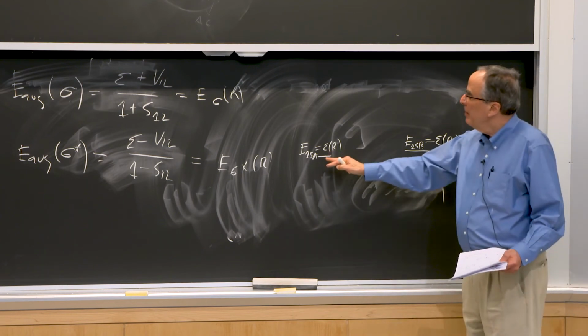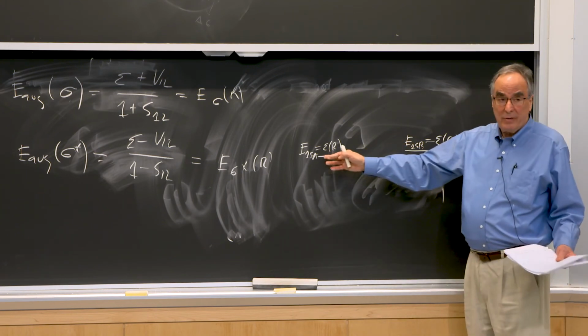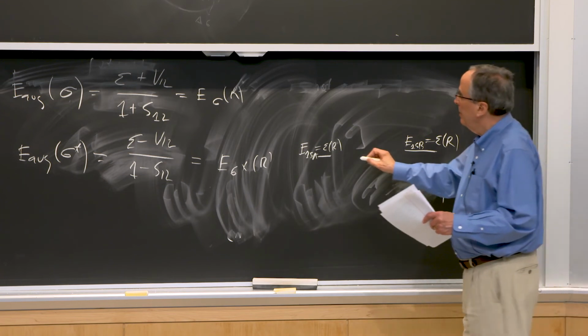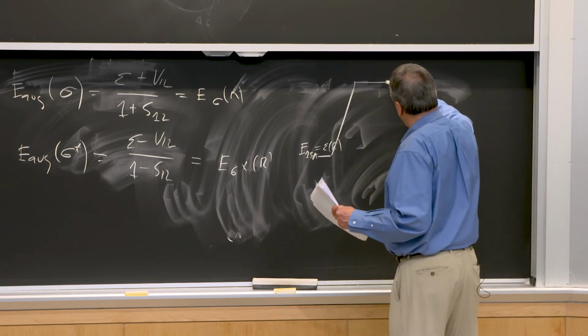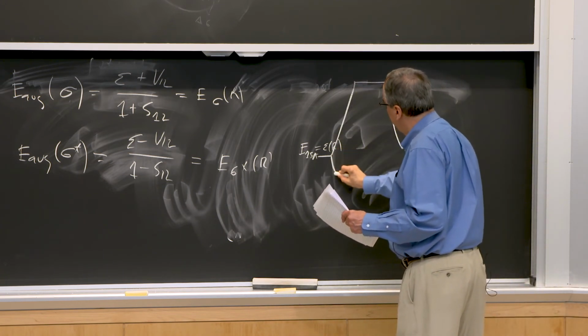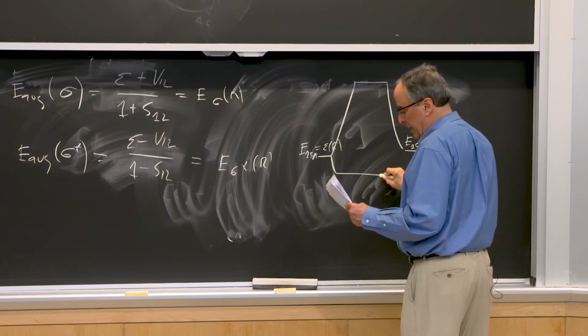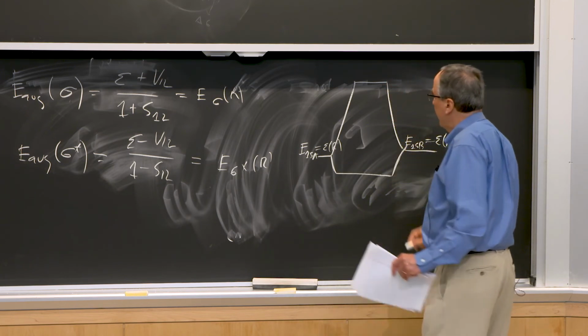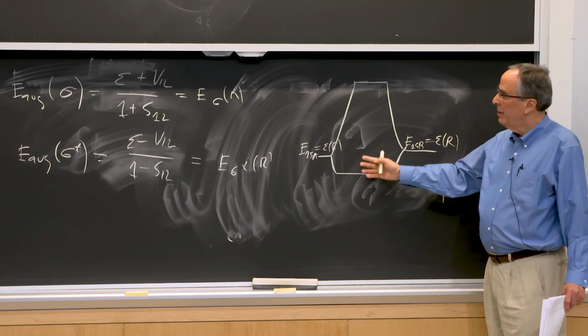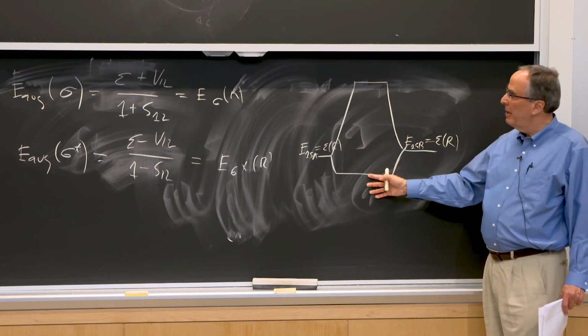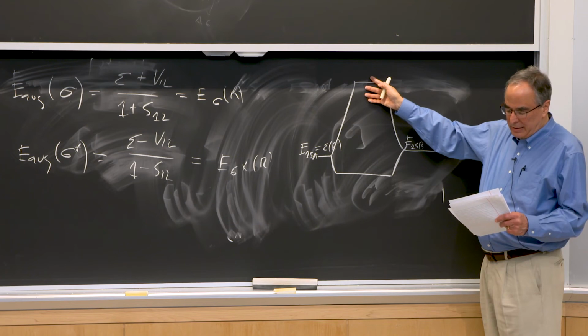So these are actually just the energies of the individual orbitals. And what we end up getting is a molecular orbital diagram, which in an exaggerated form is like this. We get bonding because it's more stable than the separated atoms, and antibonding, which is less stable.